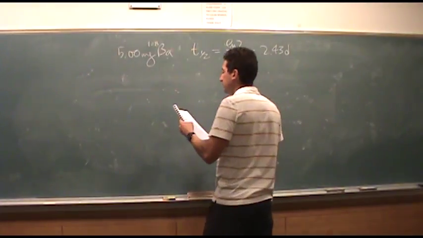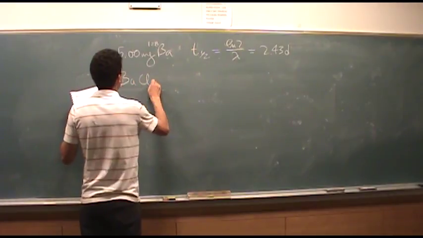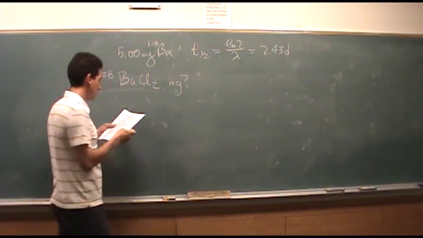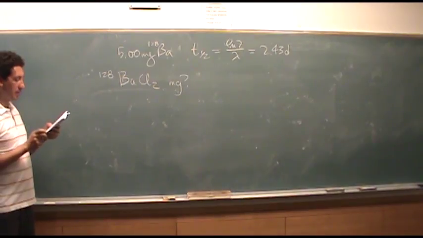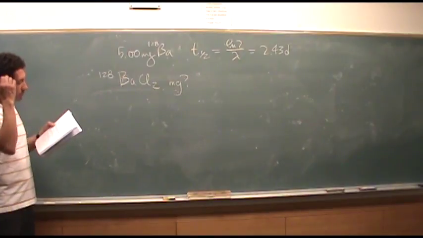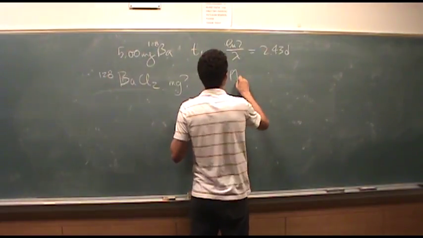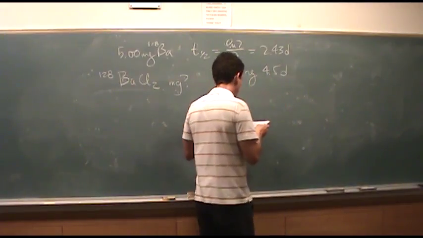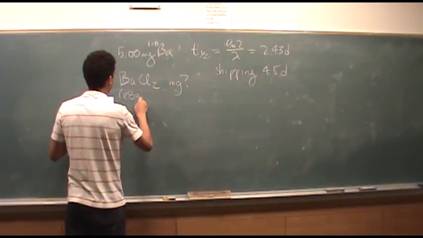How many milligrams of BaCl2, let's see. So the researcher needs to order, how much must she order from the manufacturer if shipping takes 4.5 days? And they give you the molar mass of this, it's 128 grams per mole.